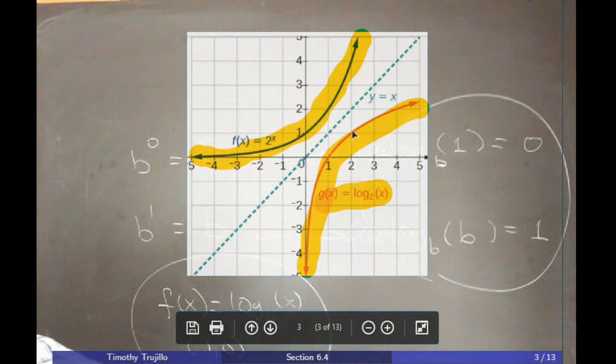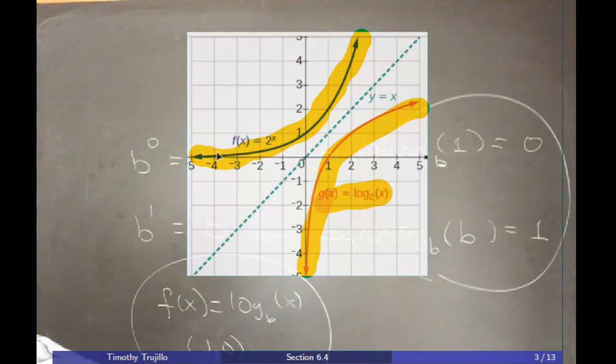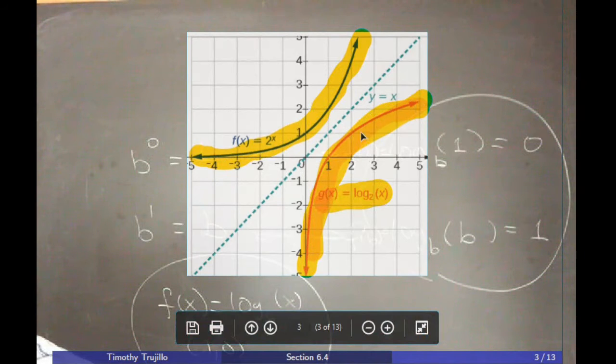Now, one thing you should notice directly from the graph is that the domain and range swap with an exponential function. The domain of an exponential function is negative infinity to infinity, so the range of this logarithmic function is negative infinity to infinity.